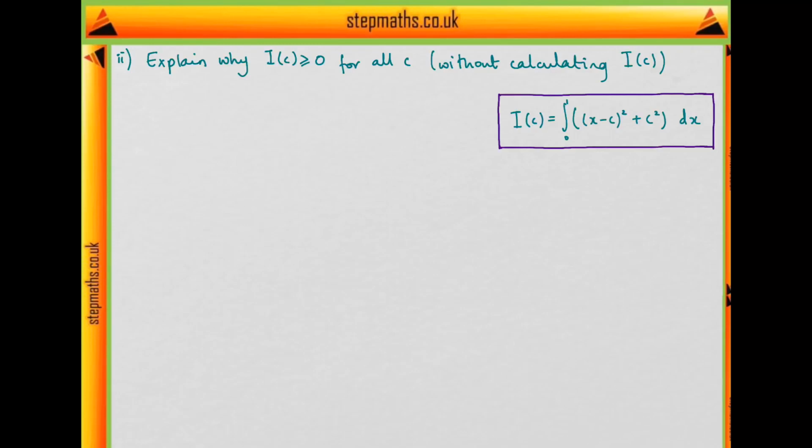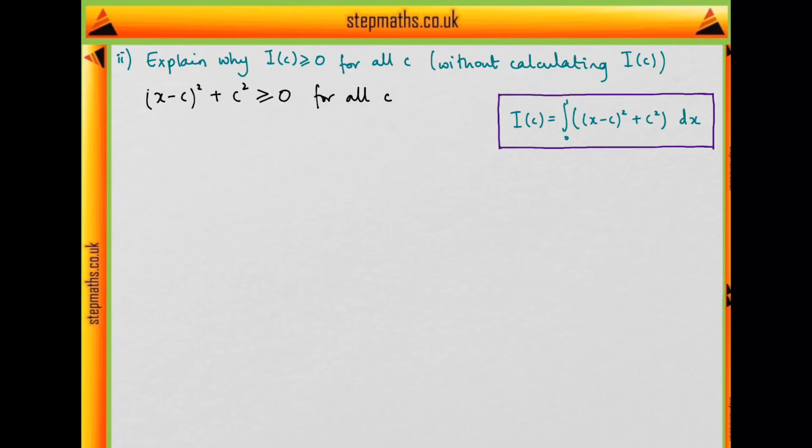For part 2, they want us to explain why IC is greater than or equal to 0 for any value of C without explicitly calculating IC. So let's have a look at our integral. If we look at what we're actually integrating, we see that (x minus c) squared plus c squared, well, those are two squared terms, and so they will be greater than or equal to 0.